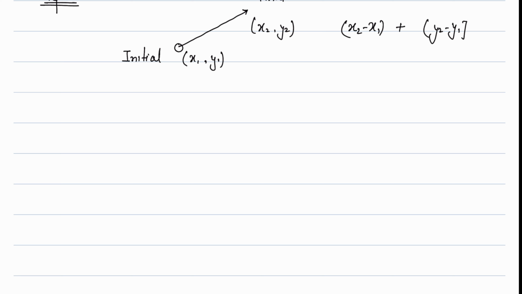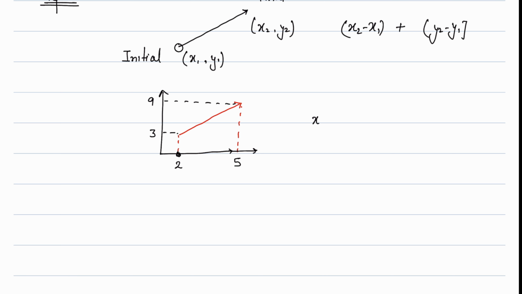Let's take an example and solve it. There is a vector, and make an arrow. Let's say the points are 2, 5, 3 and 9.